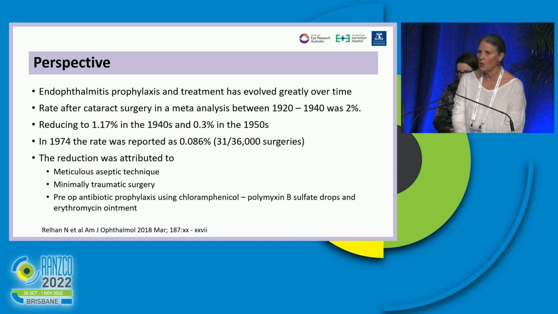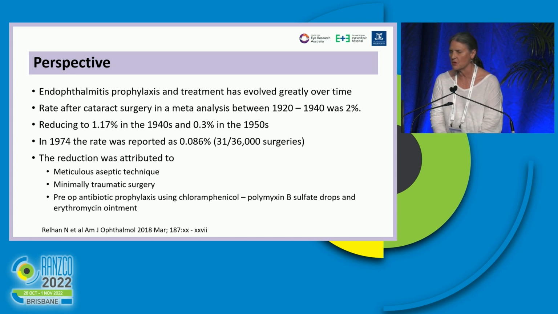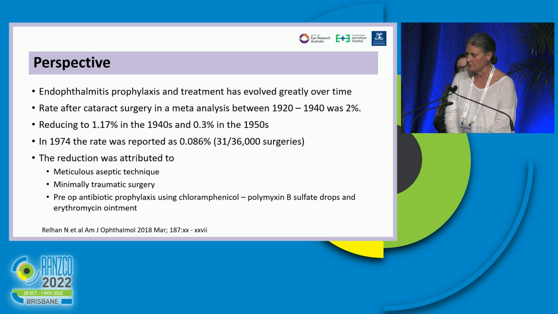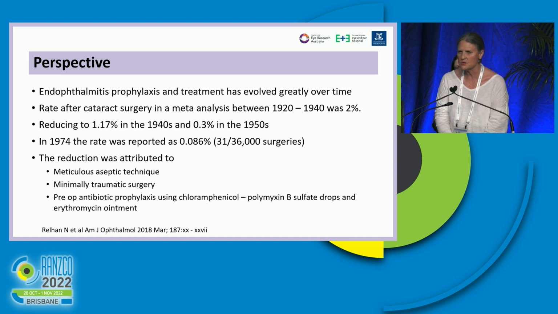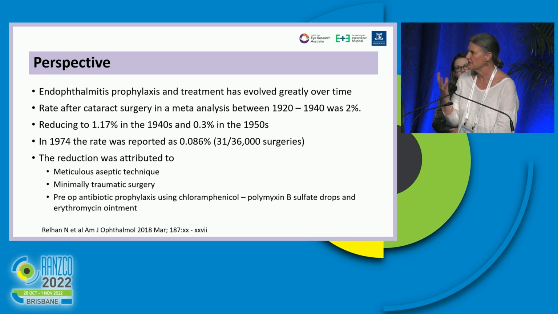We're all aware that endophthalmitis prophylaxis and treatment has evolved very greatly over time. But I think it is worth bearing in mind that not that long ago, between the 1920s and 1940s, the rate after cataract surgery was 2%. And we have to bear in mind that that 2% means a painful blinding of the eye after surgery, as there was no effective treatment.